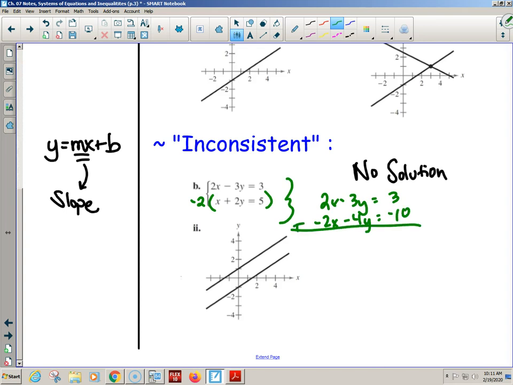What's going to happen? Uh-oh. Doesn't it look like it has an intersection point?